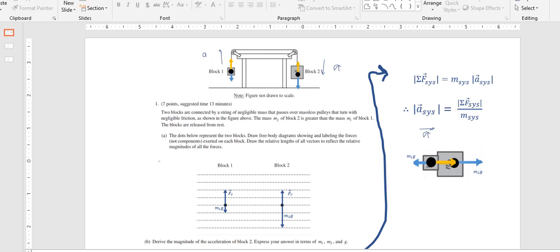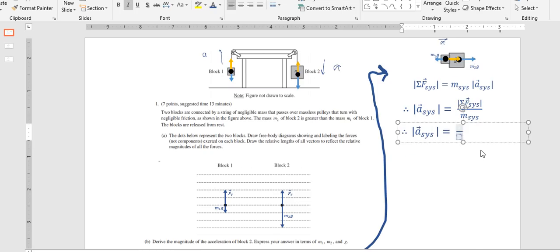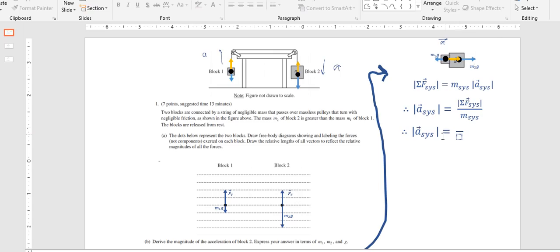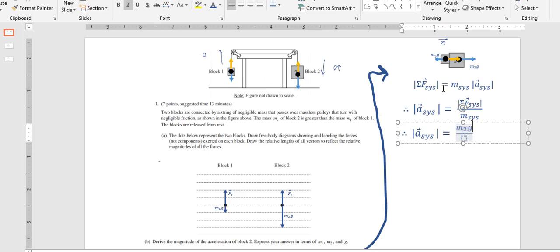So let's plug this in. What I have here is the acceleration of the system, and first let's put the net force up here. If you look at it, the big force is the weight of 2, m subscript 2 g, and the weight of 1 is mass subscript 1 g. So that would be big weight minus little weight.